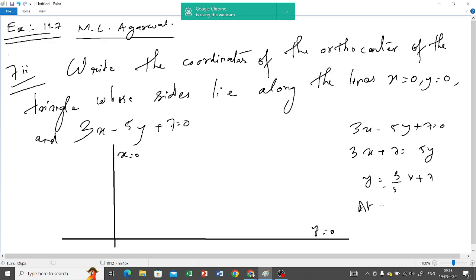So at x equals to 0, y is 7, and at y equals to 0, x is going to be minus 35 by 3.